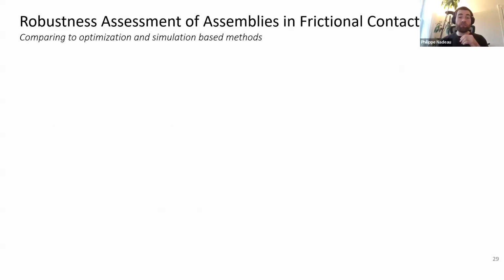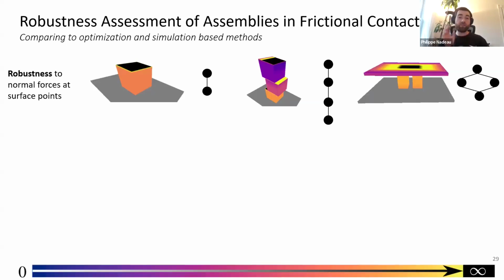We can compare my method to simulation-based and optimization-based methods in terms of speed and accuracy. To do so, we consider three simple scenes and use the different methods to compute the robustness to normal forces applied at surface points. So here on the left, we have the simplest possible scene, a cube on a floor.